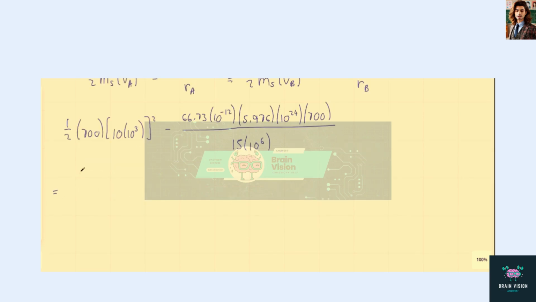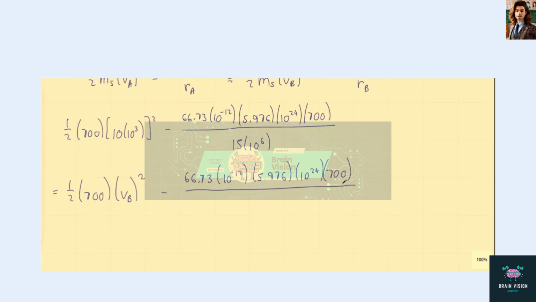And this must equal the right-hand side, which is a half times 700 times Vb squared minus, again, 66.73 times 10 to the minus 12, which is G, times 5.976 times 10 to the power 24, and the mass of the satellite 700, all over the unknown distance rb.